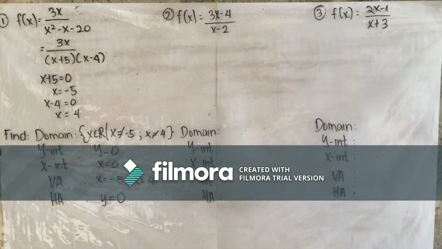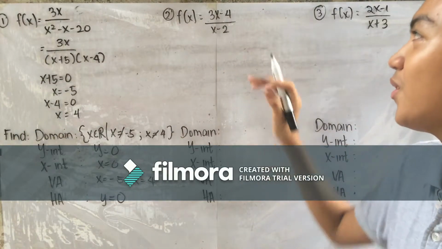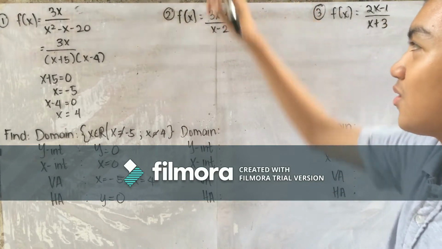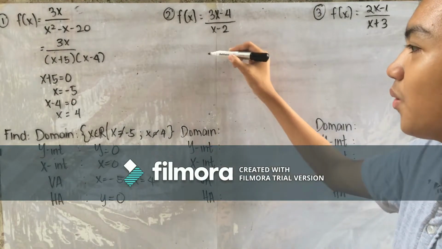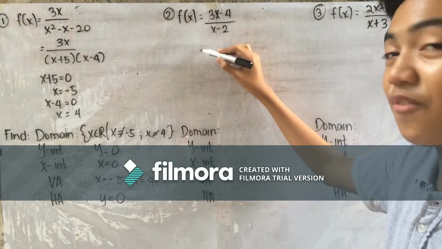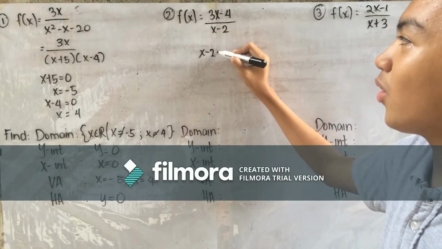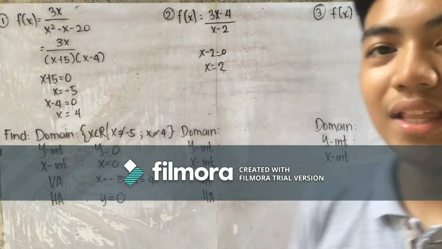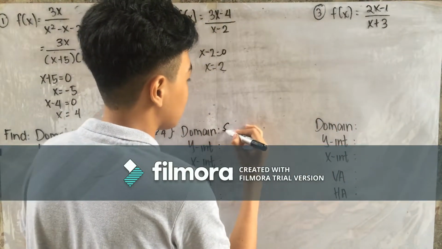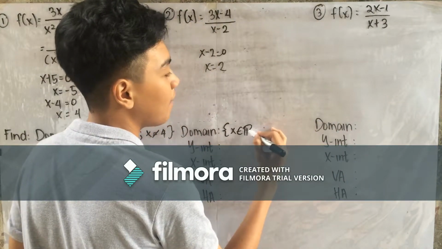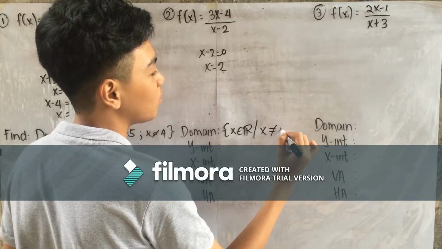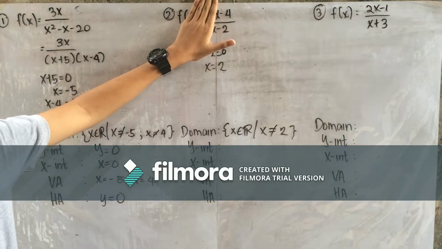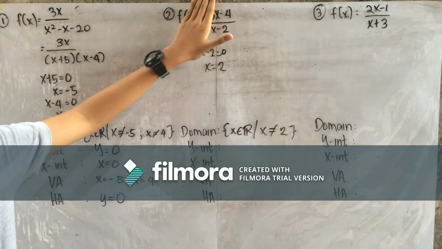So, next number naman, f of x is equals to 3x minus 4 over x minus 2. So, hindi na natin kailangan i-factor. So, domain natin sa definition, equate sa 0 yung denominator. So, x is equals to 2. So, ang domain natin is x is set of all real numbers such that x is not equal to 2. Then, y-intercept takip method, negative 4 over negative 2 is equals to 2.